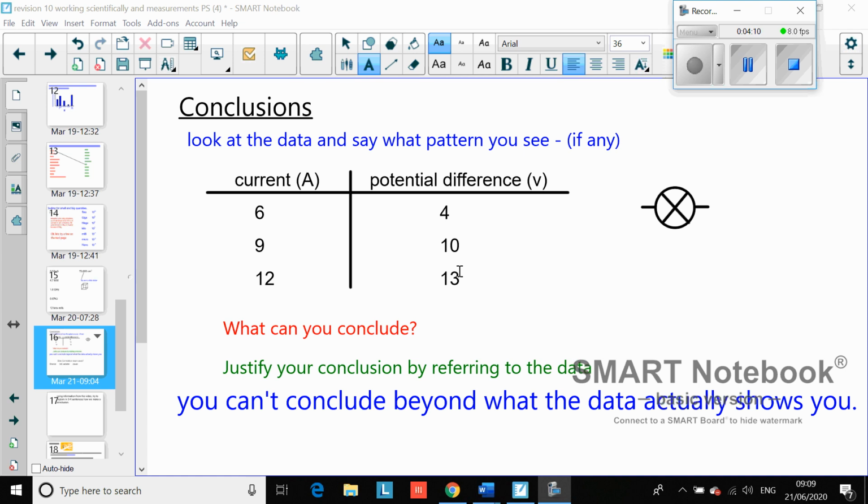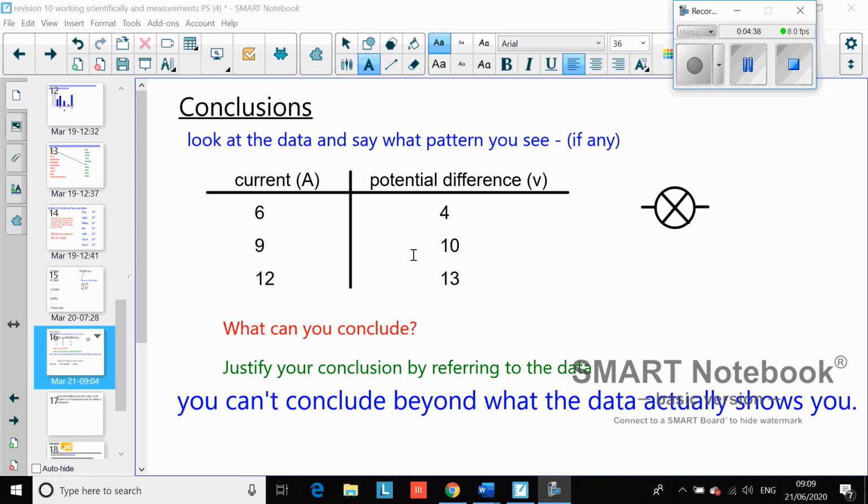What you must do is back up your conclusion with the information. So at 6 amps, the voltage was 4. At 12 amps, the voltage was 13. So an increase of 6 amps gives you a voltage which is 9 volts higher. Okay, so you need to back up your sentence with evidence from this.